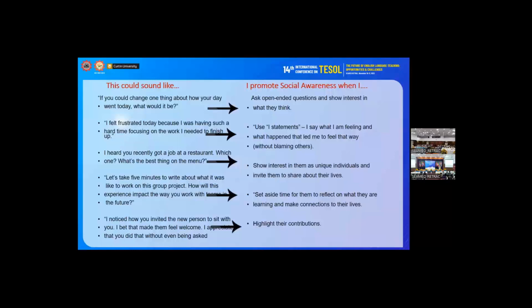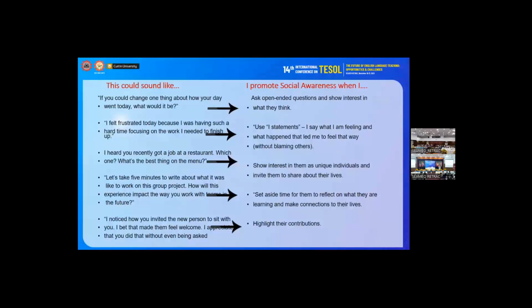So asking a question like, if you could change one thing about your day and how it went today, what would it be? That's a great question to ask ourselves and our students. It demands a certain amount of social awareness to even answer that question.